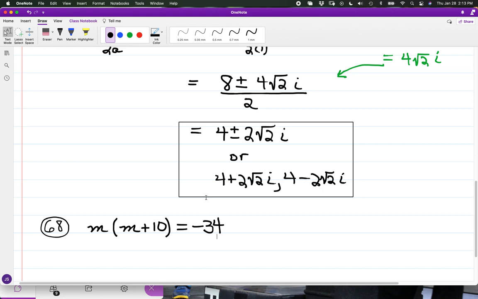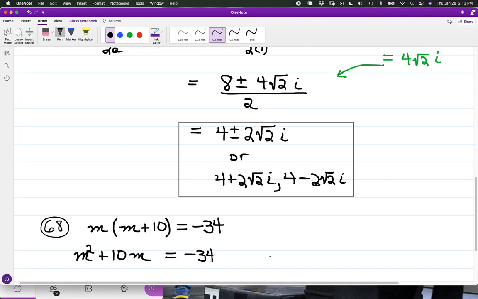So what I'm going to have to do here is to untangle what is present in 68 and remove the parentheses. So I'm going to multiply the expressions I have at m. So we're distributing m over the quantity of m plus 10. So this will be m squared plus 10m is equal to negative 34.